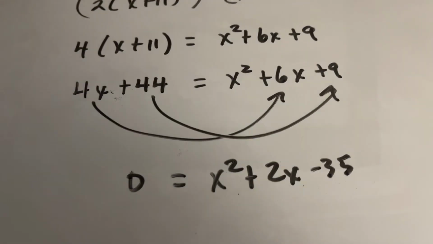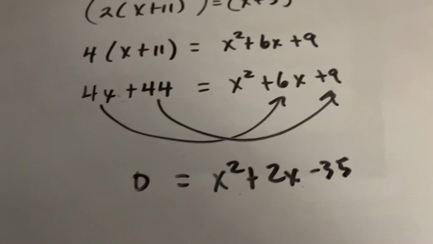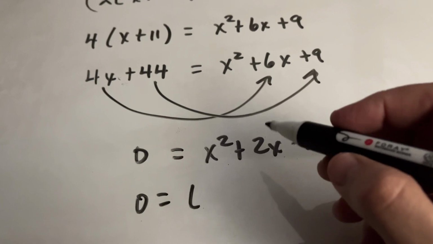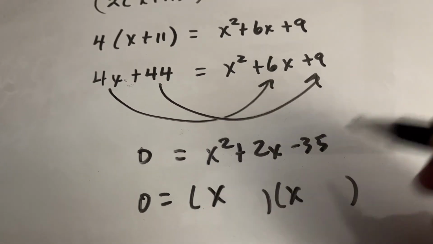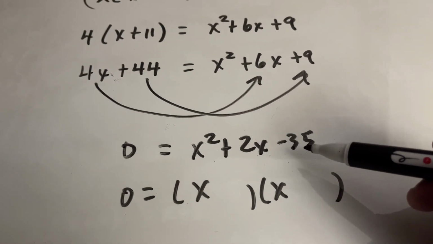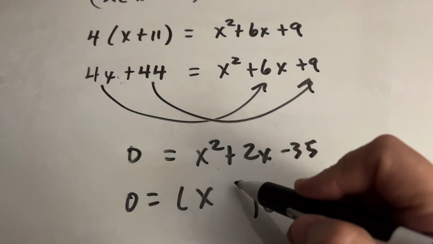So then I'm left to factor that. So just using the guess and check method there. So I know that's x and x. So the question is, what multiplies to be negative 35 and adds to be 2? Well, that's going to be 7 and 5.